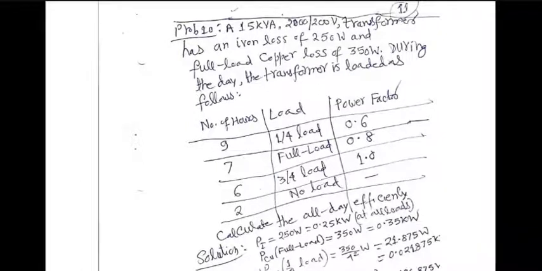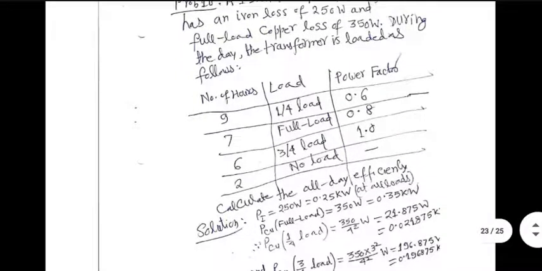We have to consider each time zone separately and calculate total energy input and total energy output over that time zone. And then we sum up the results. Iron loss is 250 watt, which is 0.25 kilowatt, at all loads.